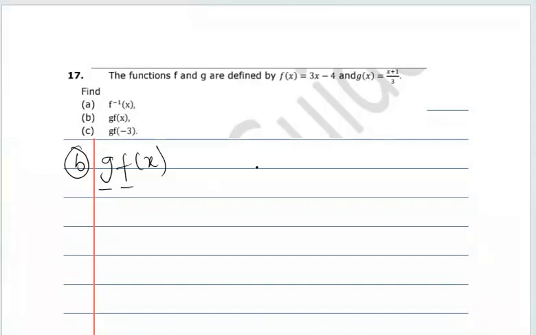So what this means is, first you write the equation for g. g of x equal to x plus 1 over 3. So in this equation for g of x, where there is x, you substitute the equation of f.